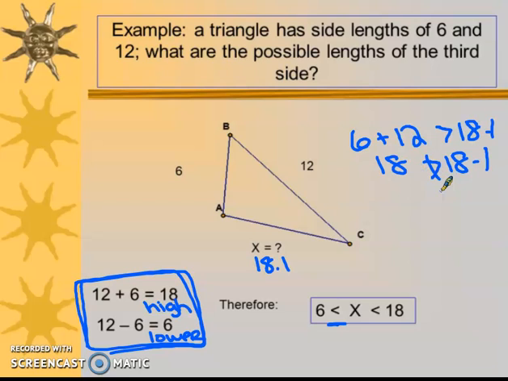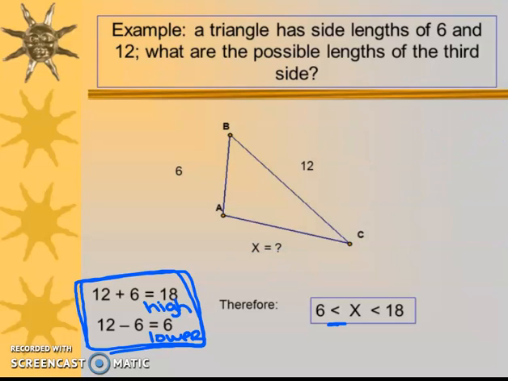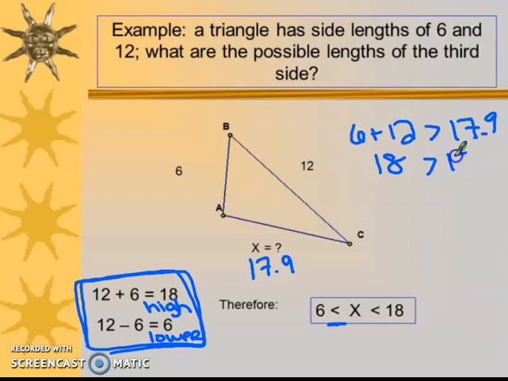Well, 18 is not bigger than 18.1. So we have to go lower. If I were to do 17.9, 6 plus 12 is still 18, but it is greater than 17.9. So it has to be greater than 6, but it has to be less than 18.